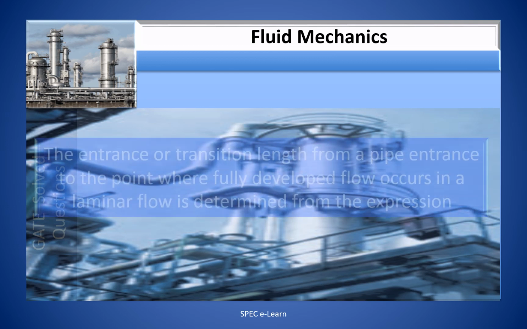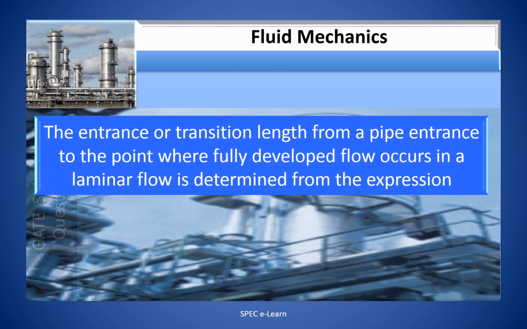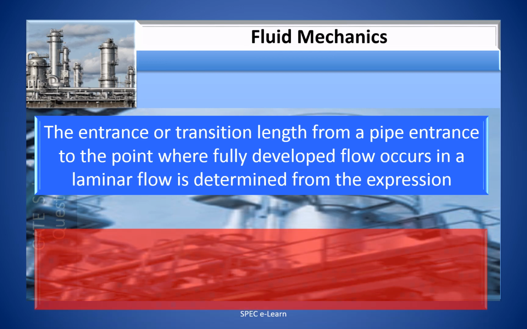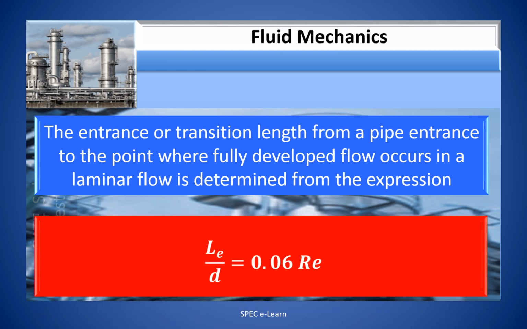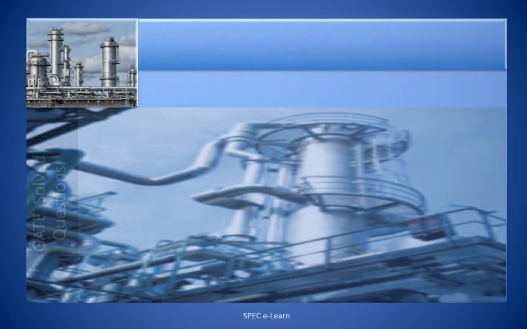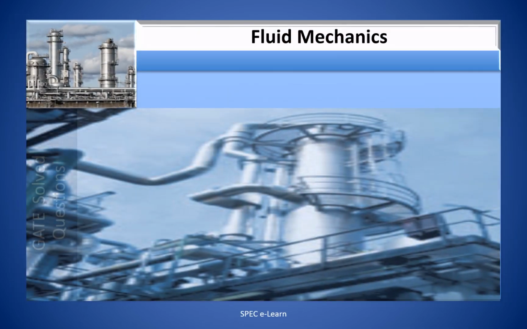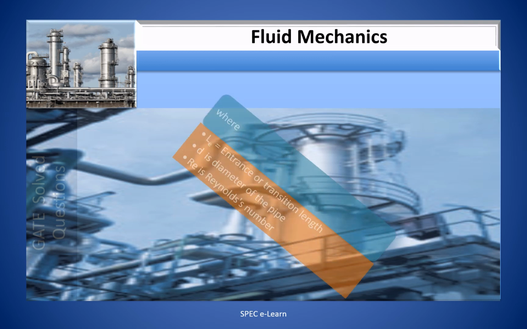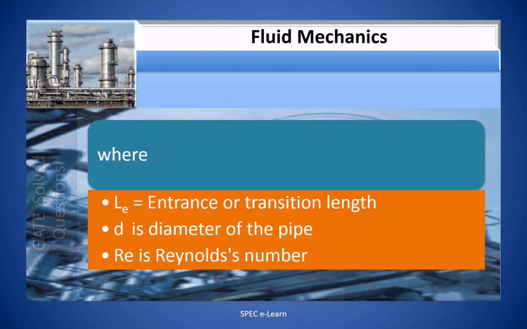The entrance or transition length from a pipe entrance to the point where fully developed flow occurs in a laminar flow is determined from the expression Le by D equal to 0.06 Re, where Le is the entrance or transition length, D is the diameter of the pipe, and Re is the Reynolds number.